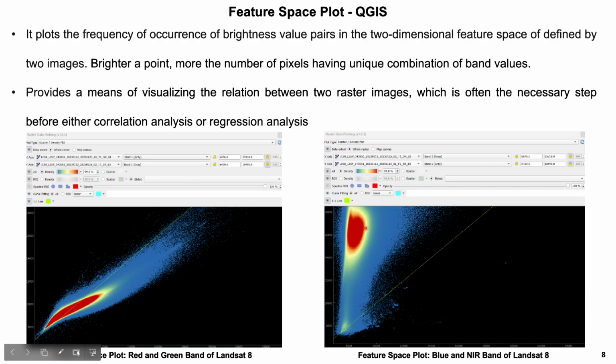So when you make a feature space plot, when it plots the frequency of the data, it naturally comes to a concentrate. It is concentrated at one specific area.